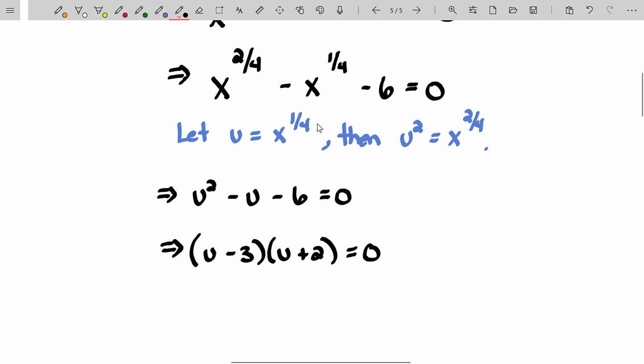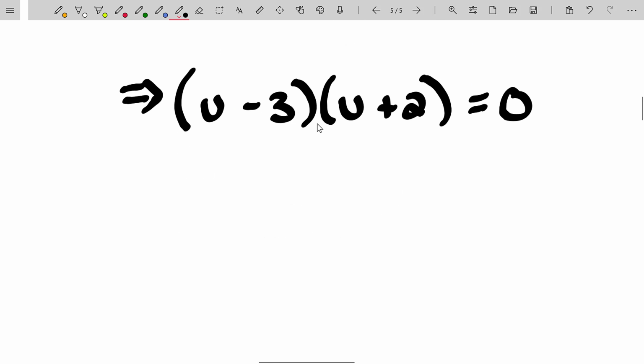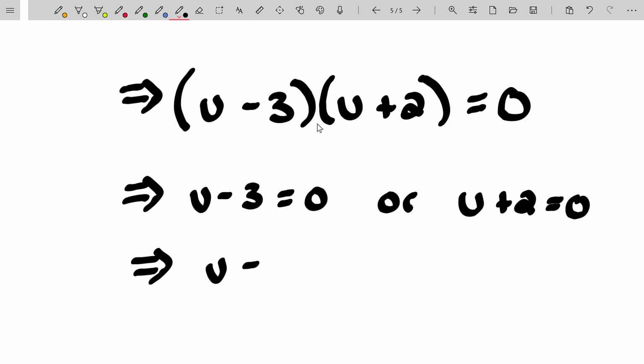Once you factor that, again, you face another zero factor property. That is, you have two objects multiplying to become 0. So therefore, either the first object is 0 or the second object is 0. And that implies either U is equal to 3 or U is equal to -2.